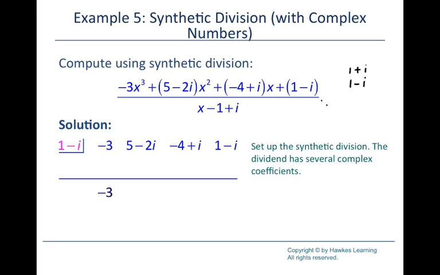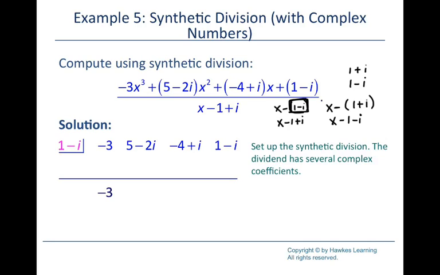Well, remember our factor, when we have x minus k, I have x minus (1 plus i), or it might be x minus (1 minus i). Well, which one is it? We have to distribute that negative to see which one matches the denominator that we have. So this would distribute as x minus 1 minus i, and this would distribute as x minus 1 plus i. So the one that matches our denominator is this one. So that is what we divide by, the 1 minus i.